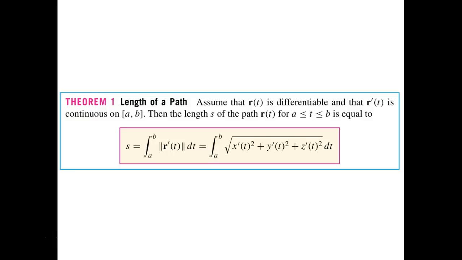Thinking of it this way, for every length there, it was a change of y, a change of x per change of t, which is basically your first derivative.